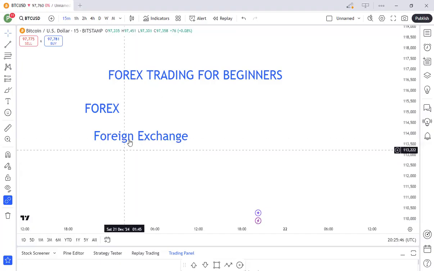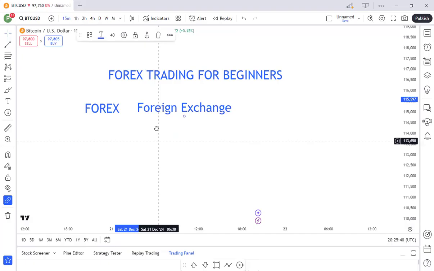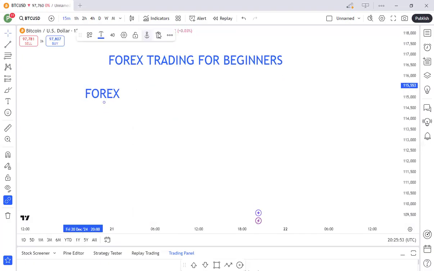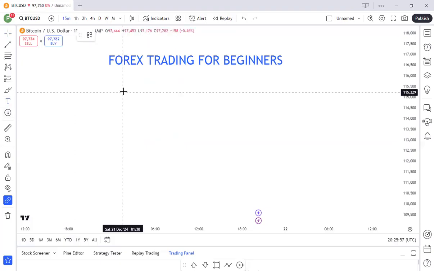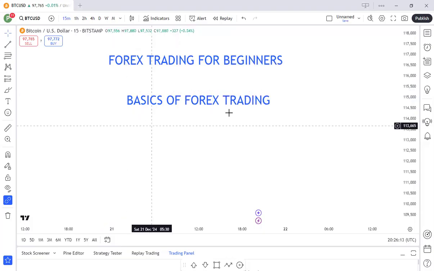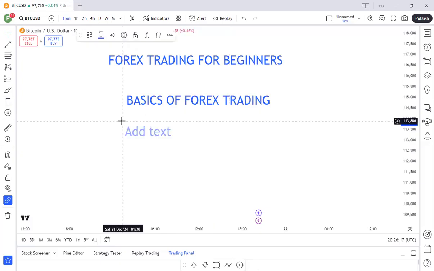So we'll talk about the basics of forex trading. The basics of forex trading: we have the currency pairs.